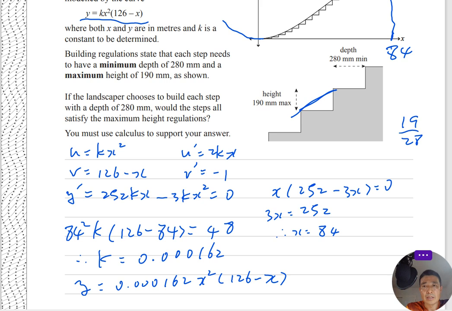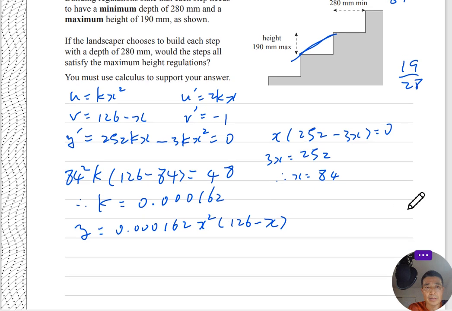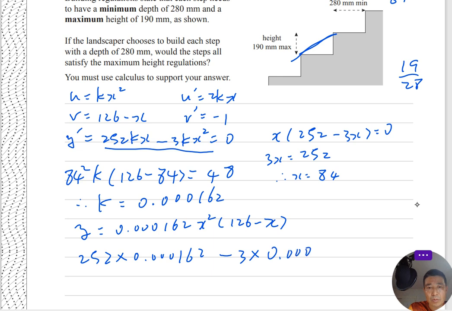So I plug the k value into this gradient function: 252 times 0.00162 x, minus 3 times 0.00162 x squared.